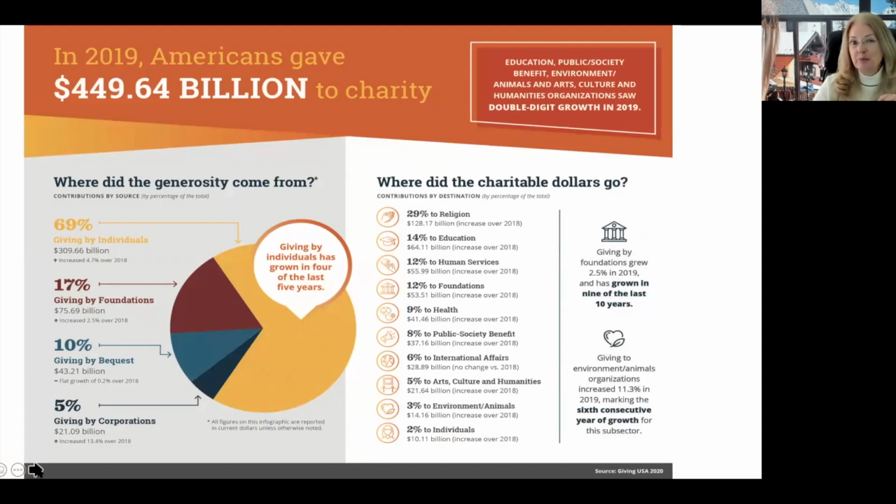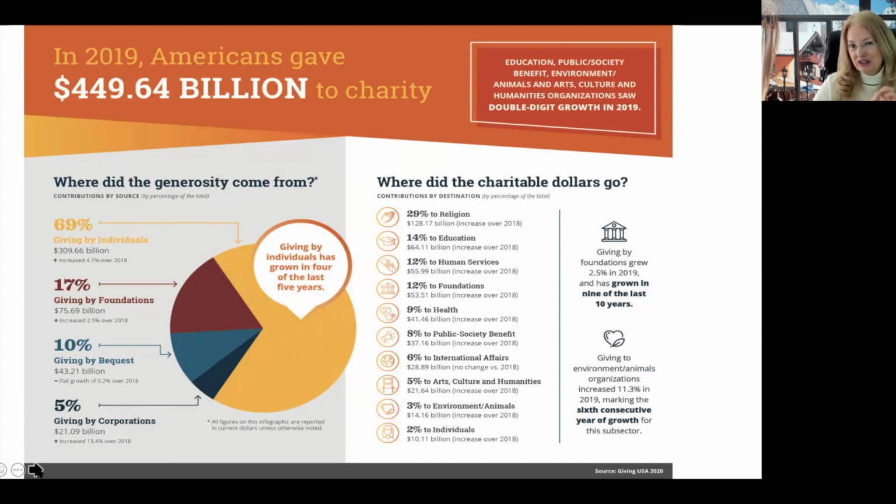I think human services is going to have gone way up in 2020 giving. That was 12%. 12% was given to foundations. 9% was to health. I think health was probably going to go up. And then we had public society, international affairs, and arts, culture, and humanities, which was only 5%.